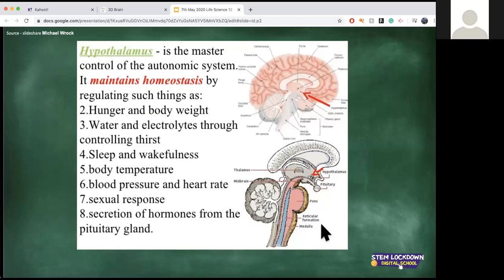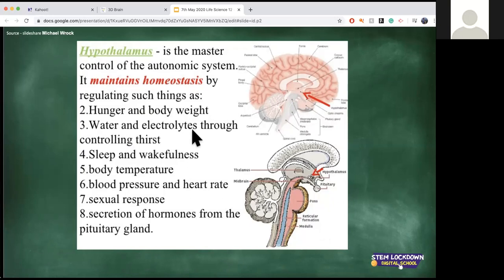Your hypothalamus is the master control of the autonomic system. It's right in the middle of your brain, and it is known as the first part that developed in human brains ages ago. It maintains homeostasis. It regulates hunger and your body weight, water and electrolytes through thirst.